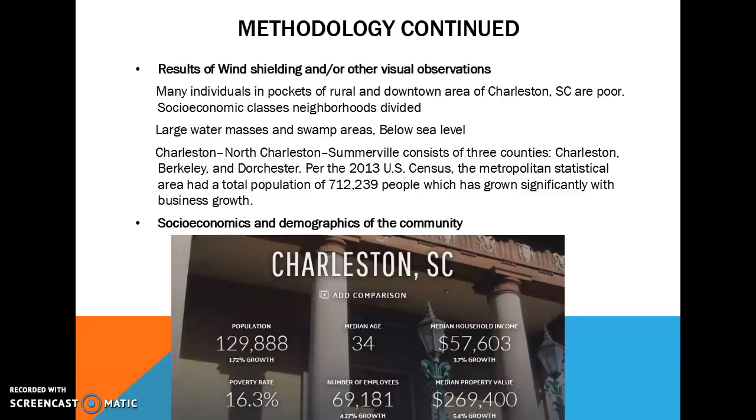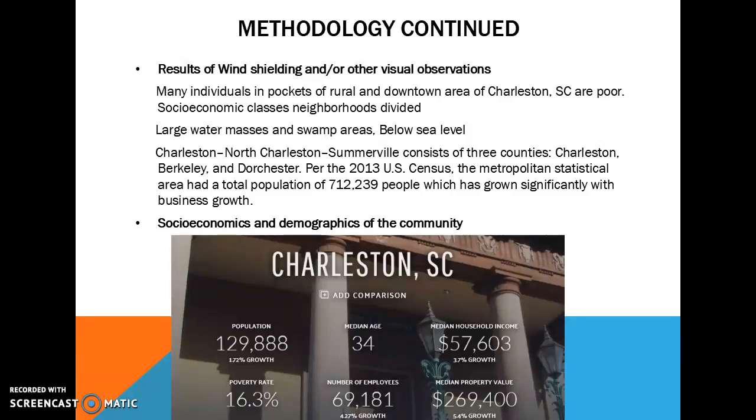And that's interesting because you have some of the richest and some of the poorest people staying in the same area. There were a lot of water masses and swamp areas all around the community because the land is below sea level.